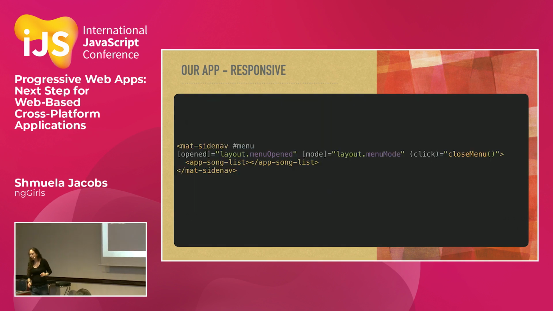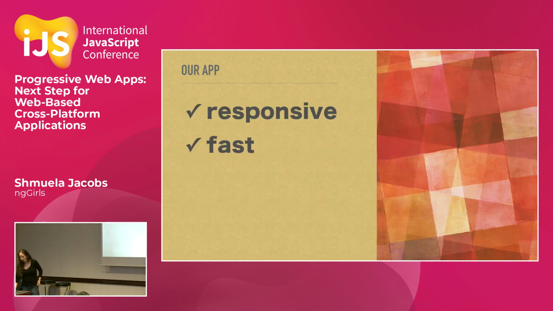And then we use this in our template when we use our Material components, like the default value of opened, and the mode, whether it's push or backdrop or anything else.